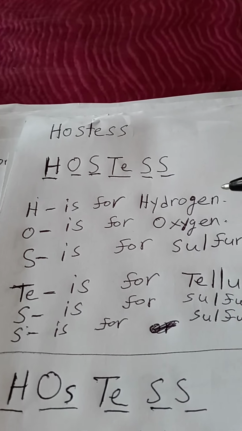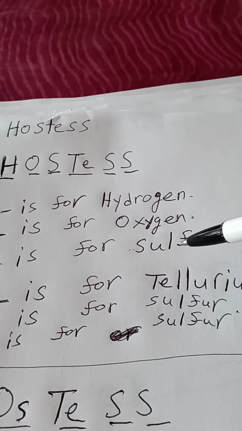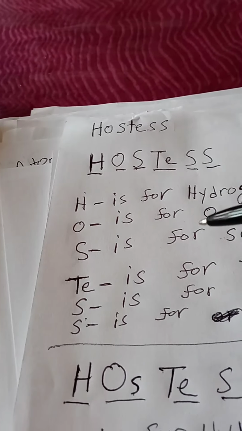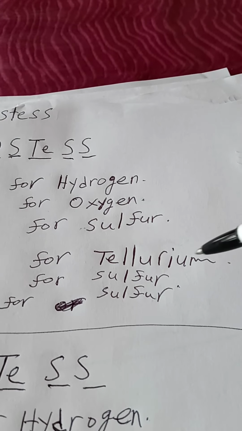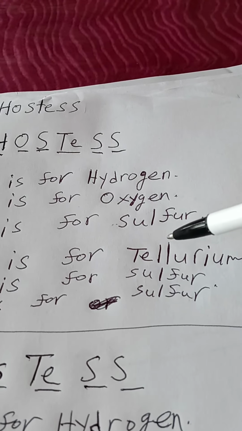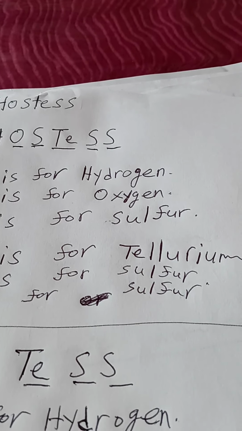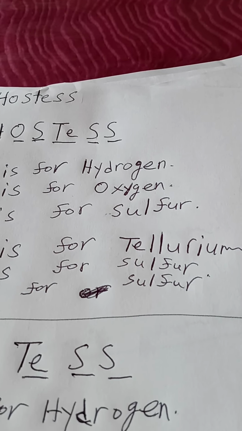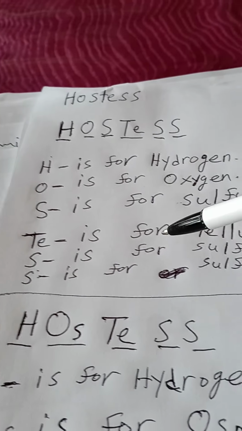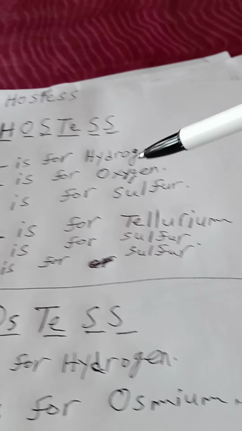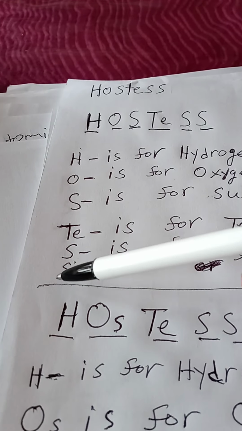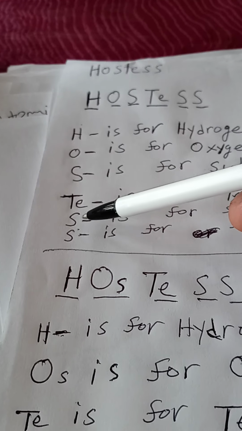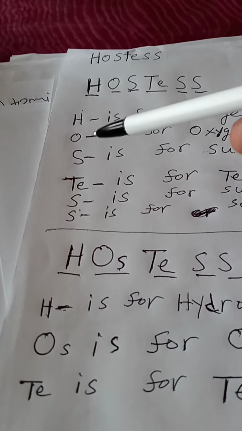Capital S is for sulfur, S-U-L-F-U-R. Then you have a capital T and a small e, and that is for tellurium, T-E-L-L-U-R-I-U-M. Then you've got capital S for sulfur and a capital S for sulfur. So once you have this S, this S, you can get this. This one here is sulfur, and this one here is sulfur.